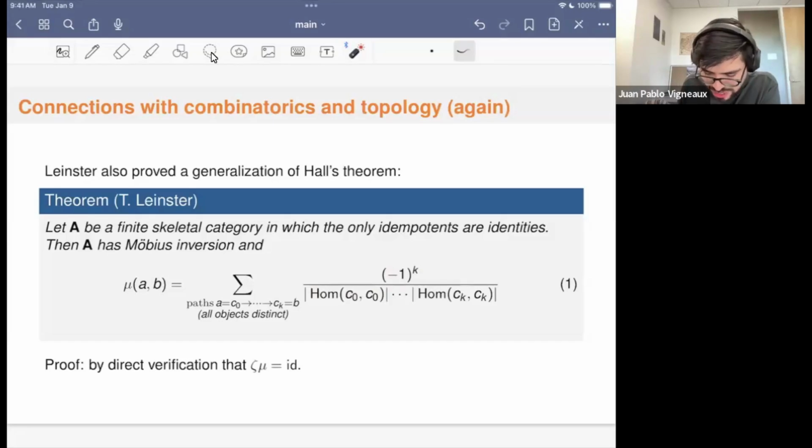So the path visits the objects C0, C1 up to Ck, and then you have to divide by the cardinality of this automorphism group. I mean, all these endomorphisms turn out to be automorphisms, and you have to normalize by that. And the proof that he proposes is just by direct verification. So there's the formula, and then you verify that it is the inverse of zeta. So it's not a particularly general proof. I will present another proof of this later as a particular case of what I want to introduce.